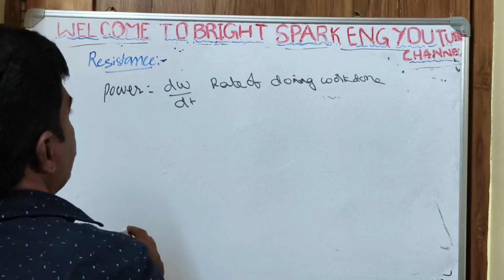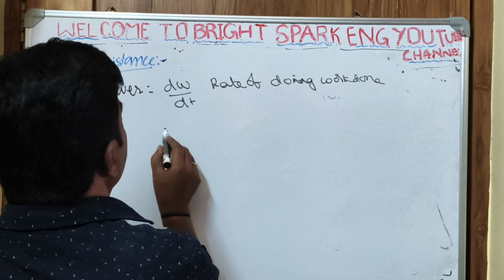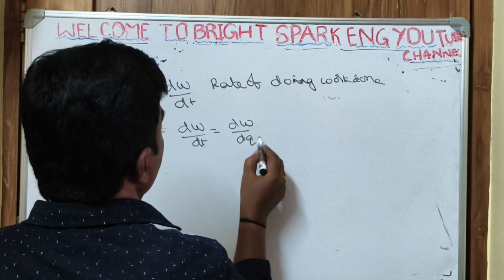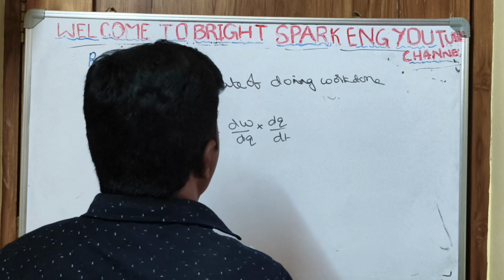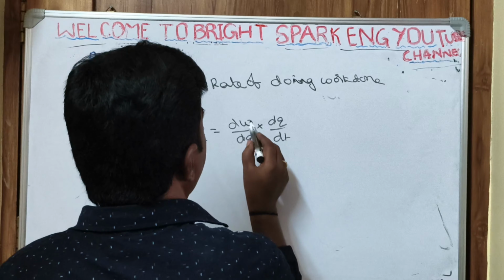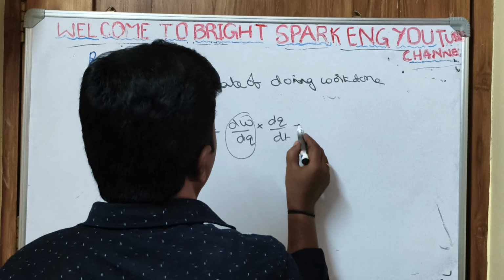Here dW by dt can be substituted two times. It is equal to dW by dq into dq by dt. All of you know that dW by dq is voltage and dq by dt is current. Then P is equal to VI.